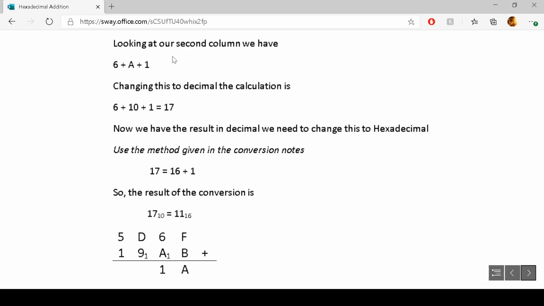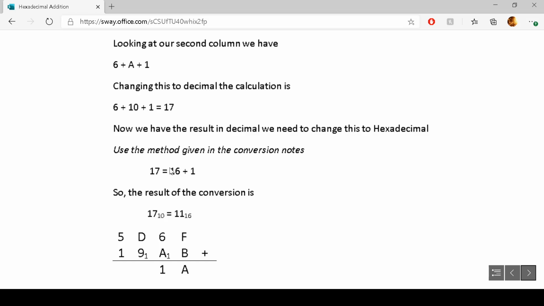So looking at our second column, we have got 6 plus A plus 1. So that's 6 plus 10 because A is 10, plus 1. So our answer is 17. 17 is too big to go into the column. So what we can do is we can say 17 equals 16 plus 1.